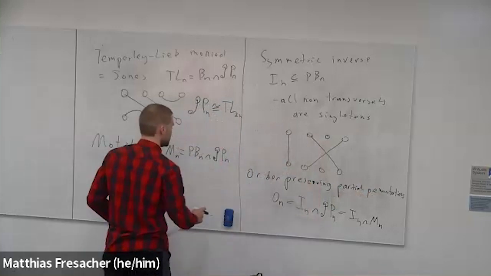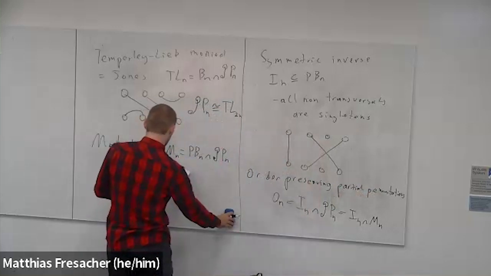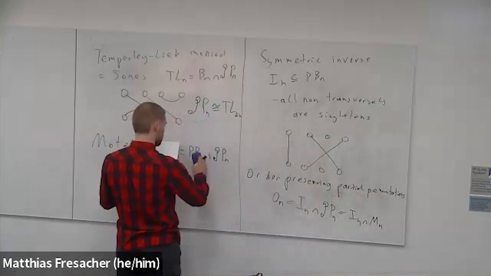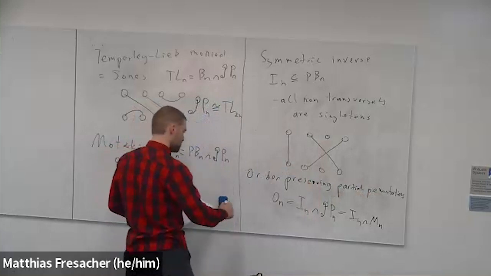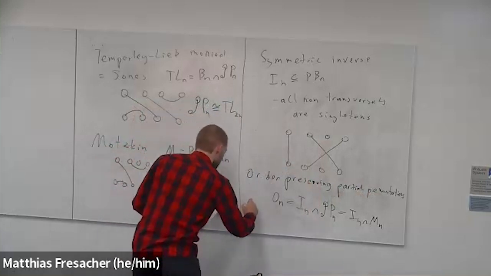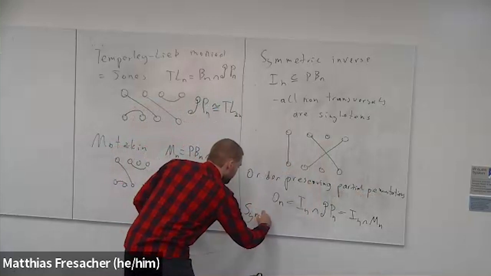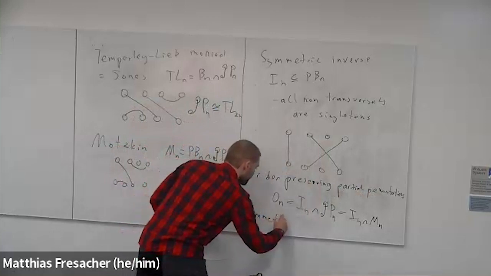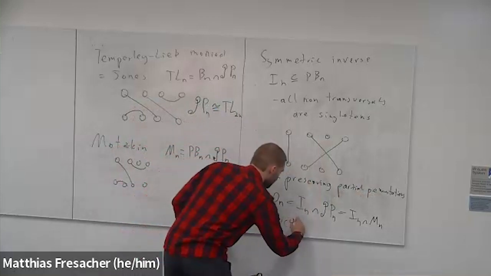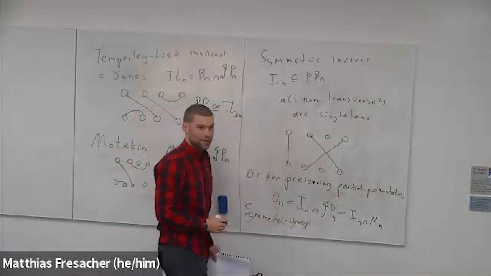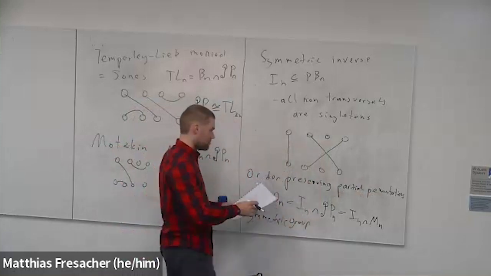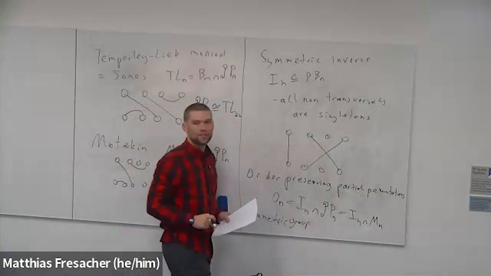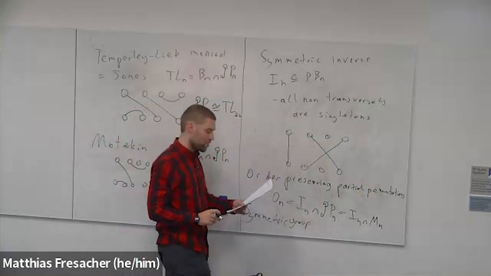And lucky last, this one's the easy one. We also get the symmetric group appearing, where obviously every edge is a transversal edge.